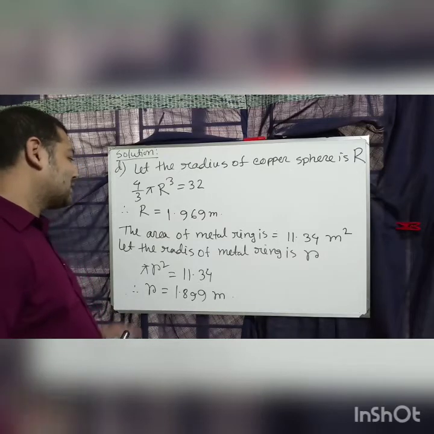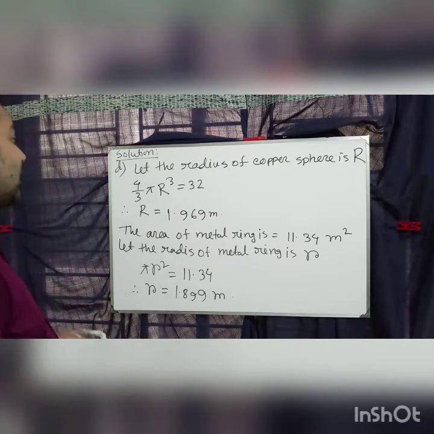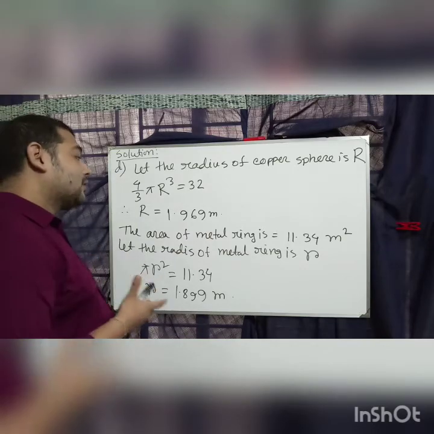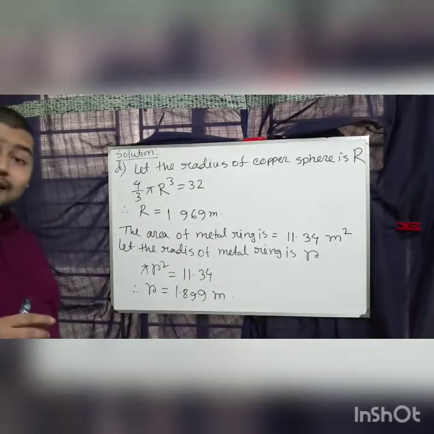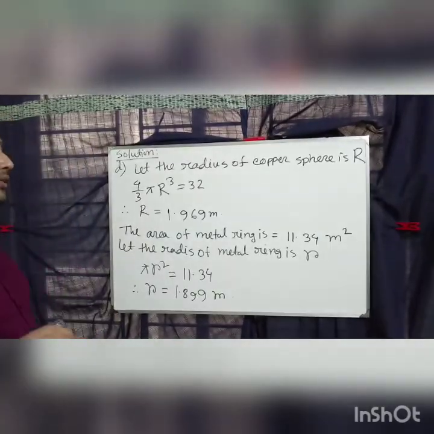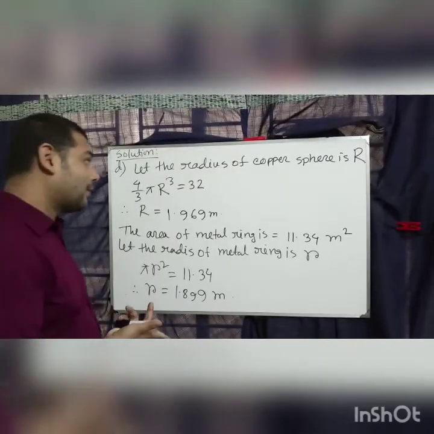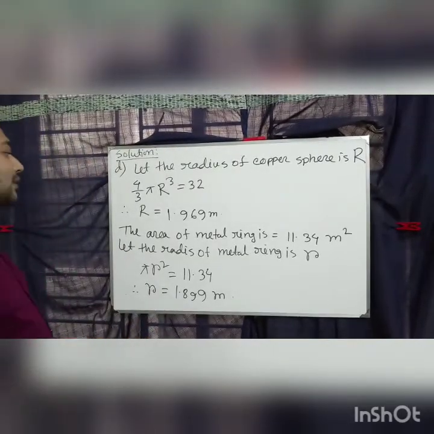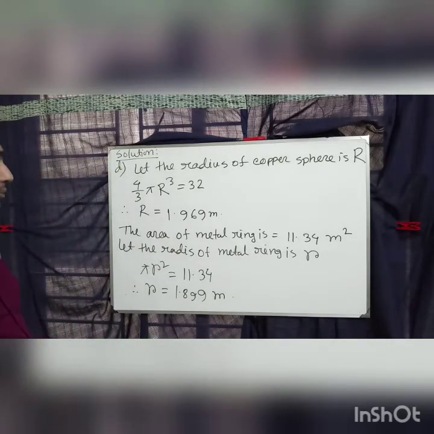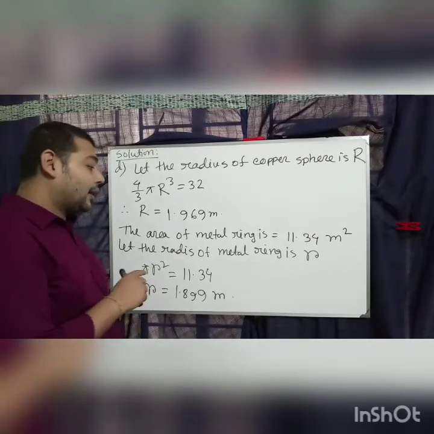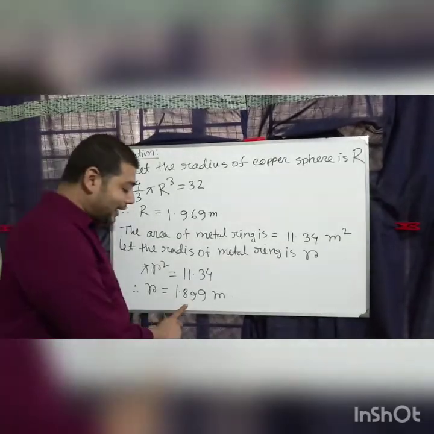So we can see from our solution that after heating, the radius of the copper sphere is 1.969 meter, and the radius of the metal ring is 1.899.